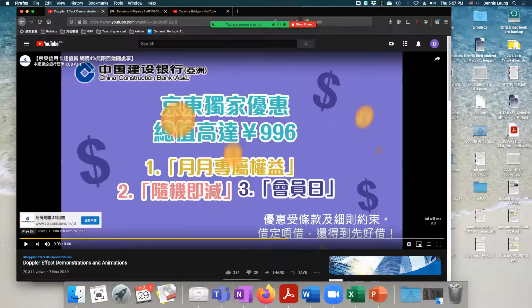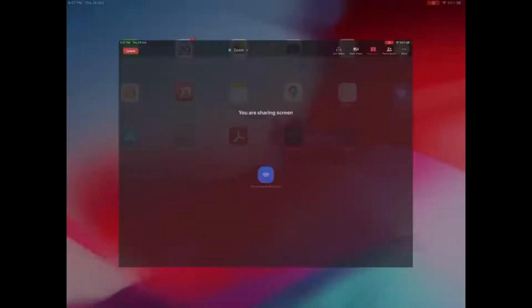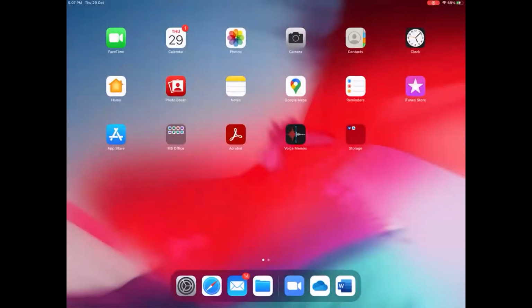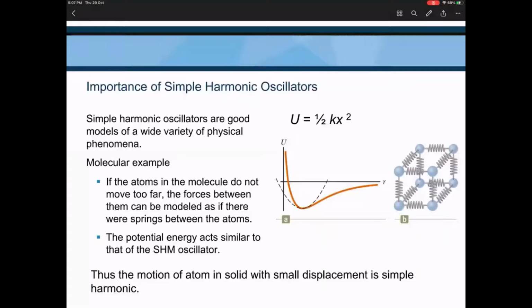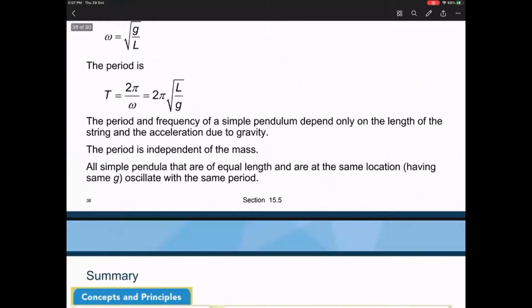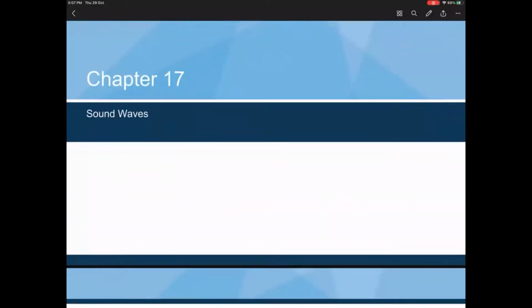Okay. Now, of course, it is actually the main topic in chapter 17 of the lecture notes set number 3. So if I go back to the lecture notes, which is here, we have already moved to chapter 17 of the lecture notes.